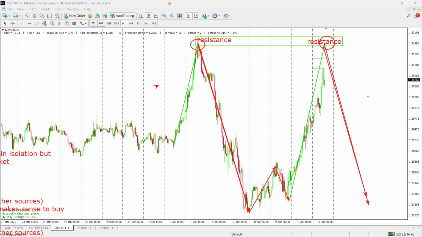The only thing is, the market would also respect price action.